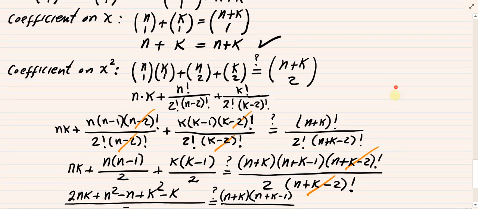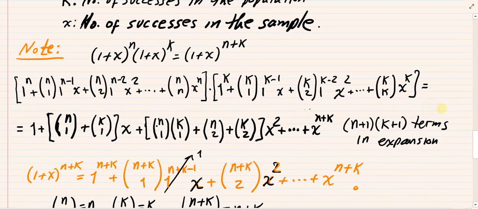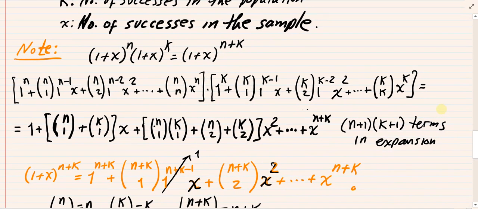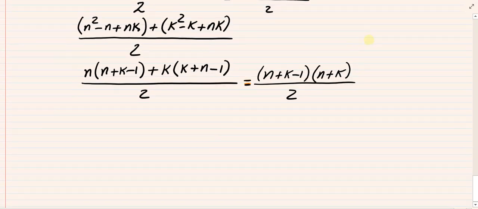Okay, so the reason we did all of this is to make the following observation. Therefore, you can do this for the coefficient on x cubed, coefficient on x to the 4th, all the way to the coefficient of x to the n. So this is now the generalization. Let's call this the generalization of what we just observed.